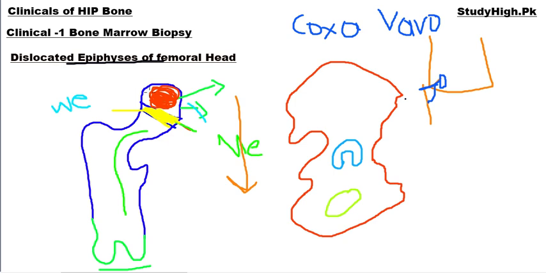So why dislocation of the epiphysis? What is the epiphysis? The rounded part of the femur that is involved in joint formation. And why is it dislocated in the patient? Because of weakened epiphyseal plates. And in what type of patient is it common? Those who still have epiphyseal plates and whose ossification is still in process.